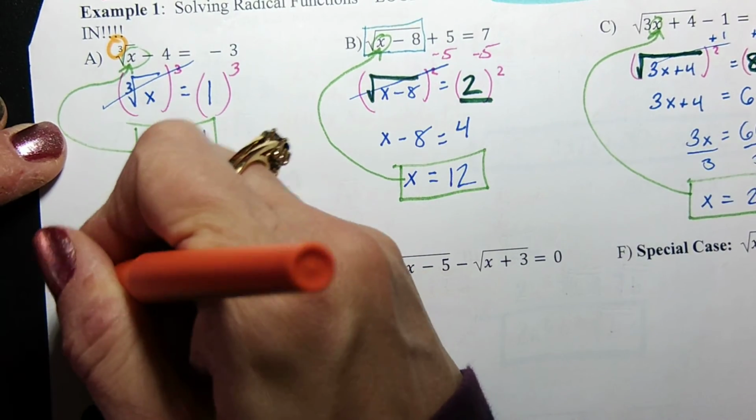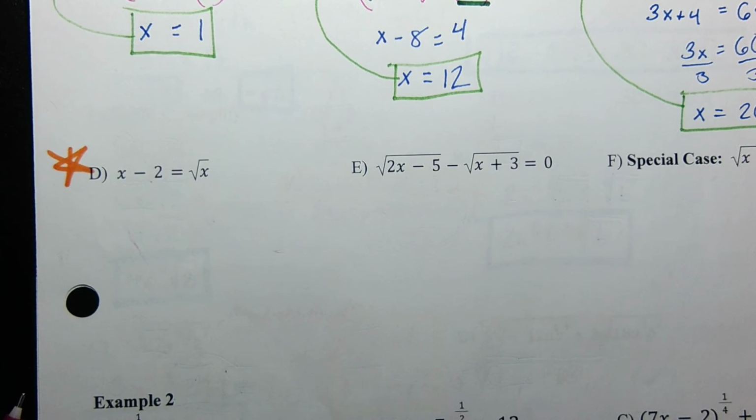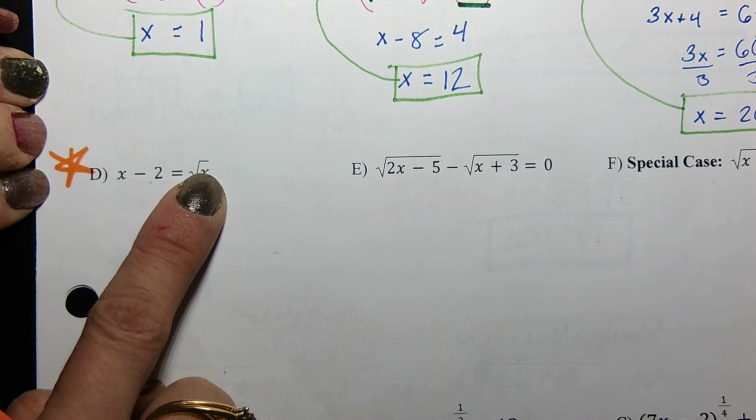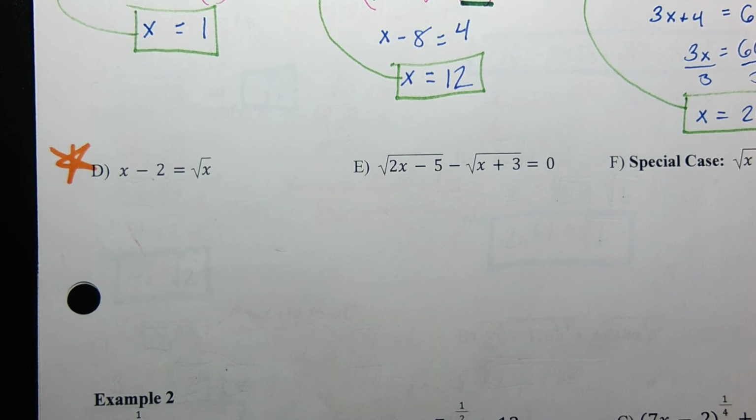I want you to put a star by problem D. Our first issue with this one is kind of subtle. We've got x in 2 places. Can I subtract this x and help it be friends with that one? No, that one's trapped inside the radical. This one is not.